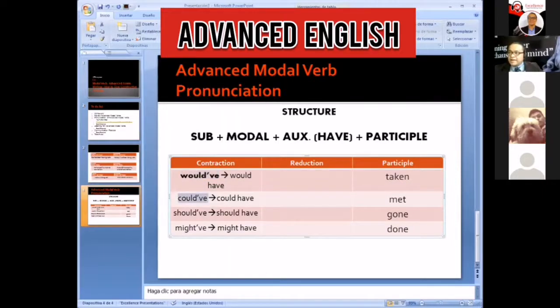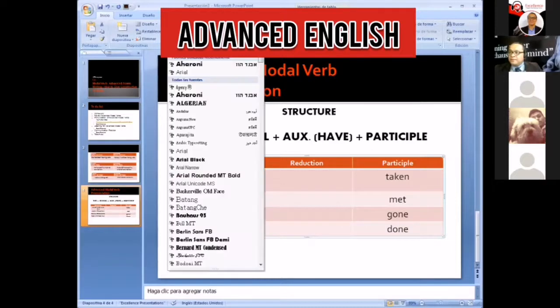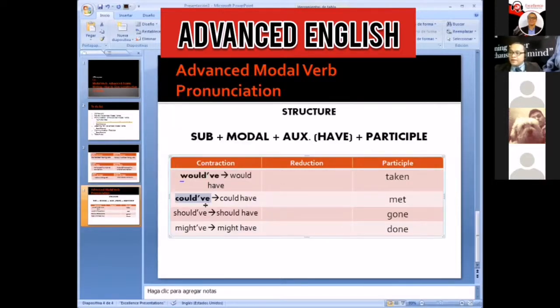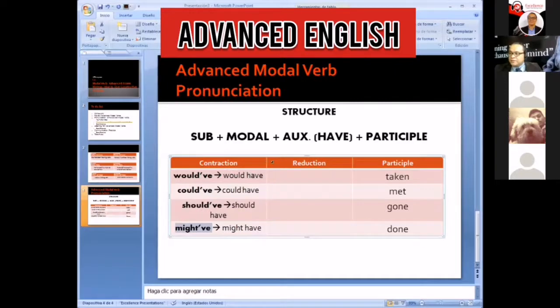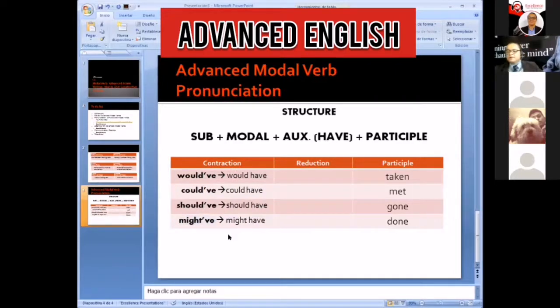In our last class, we took away the grammar. But in this session, I want you to take away the pronunciation of both the contraction and the reduced form.